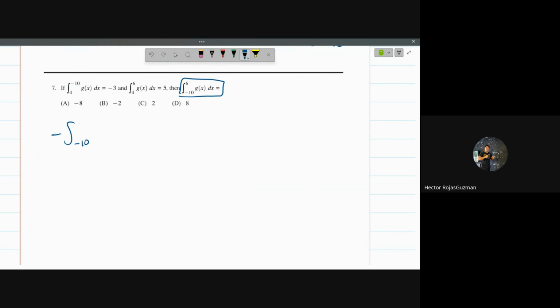The integral from -10 to 4 of g of x dx plus the integral from 4 to 6 of g of x dx. This right here basically makes the integral from -10 to 6 of g of x dx.